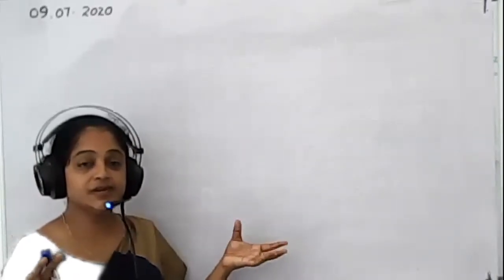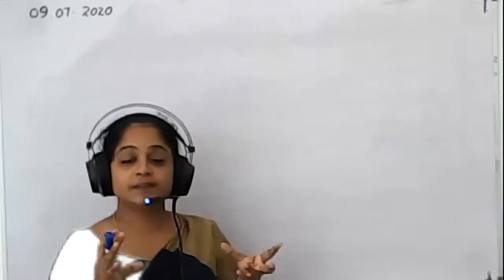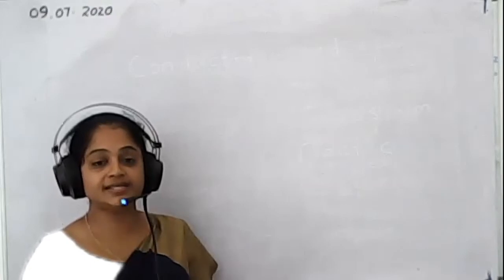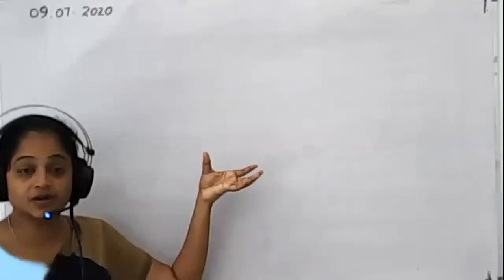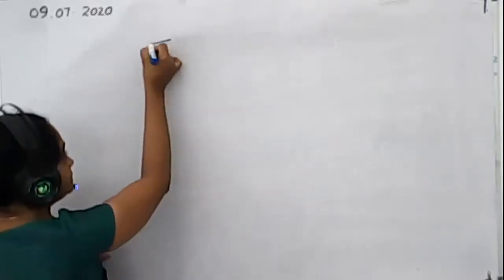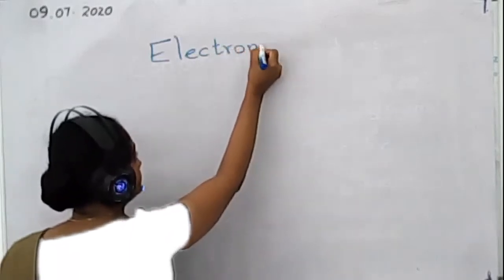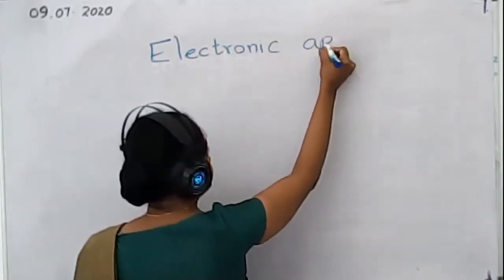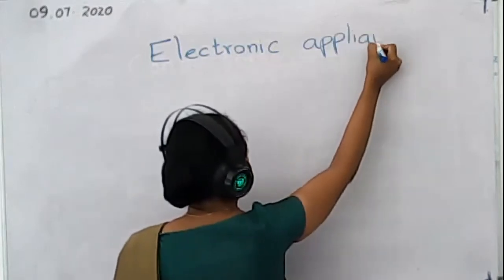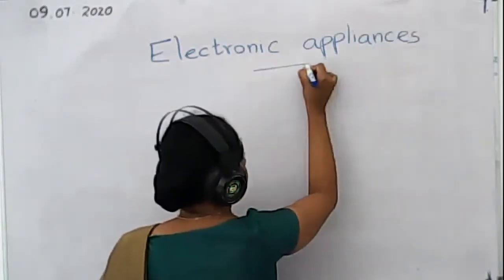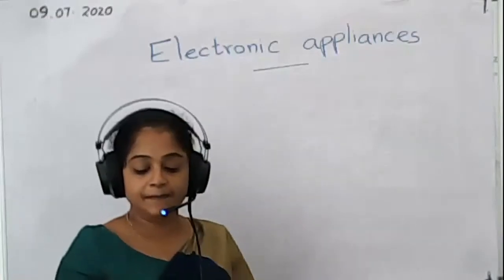The accessories we use to prepare a circuit, we call them as the electronic appliances. Right. Today we are going to talk about next about the electronic appliances. Write down the topic, Putala. Electronic appliances.